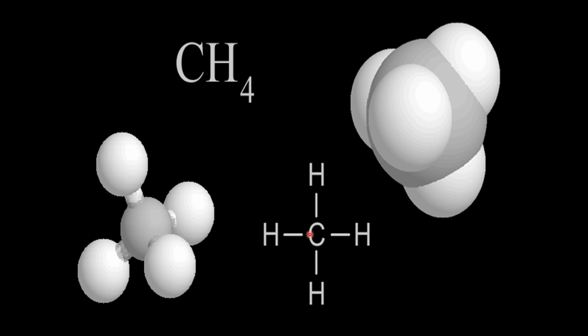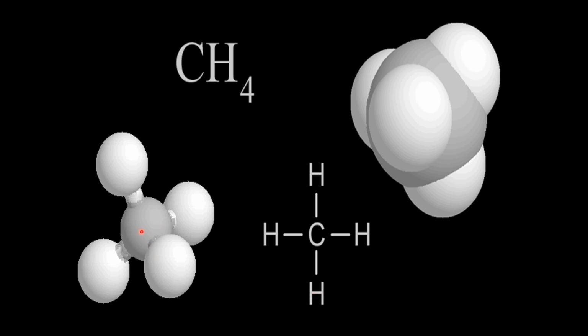The carbon atom shares its four valence electrons with four hydrogen atoms. A hydrogen atom needs only one electron to complete its 1s orbital. So four hydrogen atoms share the four valence electrons of the carbon atom and make the molecule of methane.